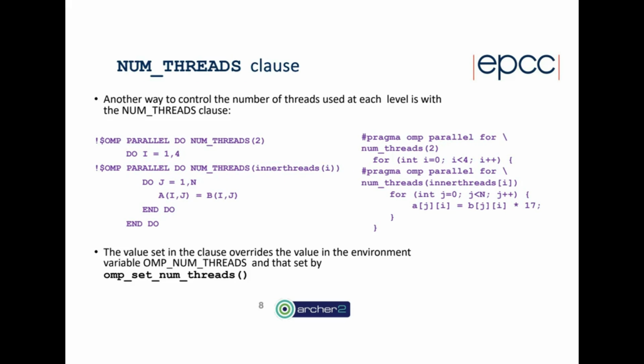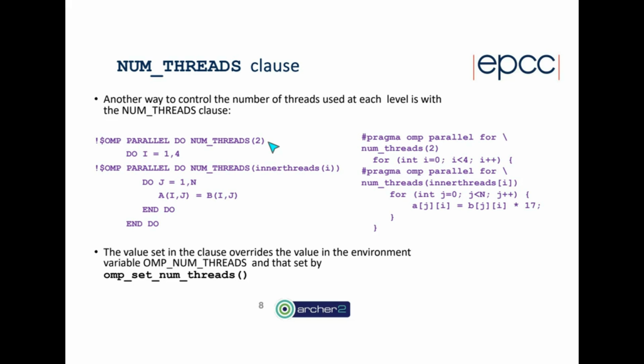Okay, you can also achieve exactly the same thing using the num threads clause on the parallel region. So you can specify this; it doesn't change the internal control variable. It actually just overrides it for this current instance of the parallel region.